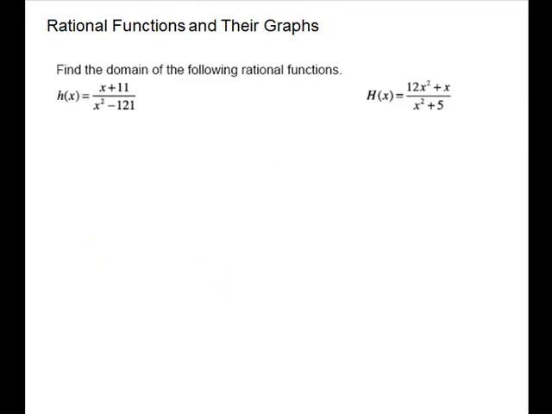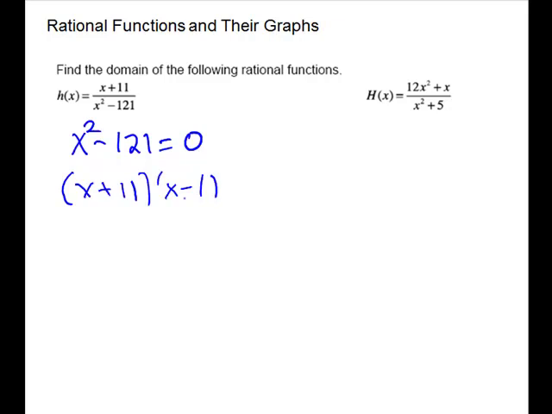Let's find the domain of the following rational functions. So we look at the denominator and we will set it equal to 0 and solve. This one is a difference of squares. 11 times 11 gives us 121. So we have x plus 11 and x minus 11 equals 0.